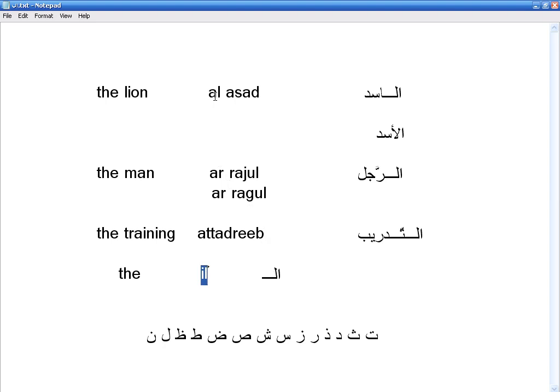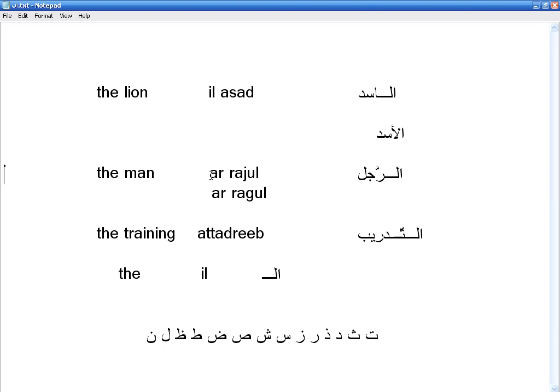So right here, as you can see, this is the change that's going to happen to pronounce with the Egyptian accent. So instead of saying Al Asad, we're going to say Il Asad, in the Egyptian accent.